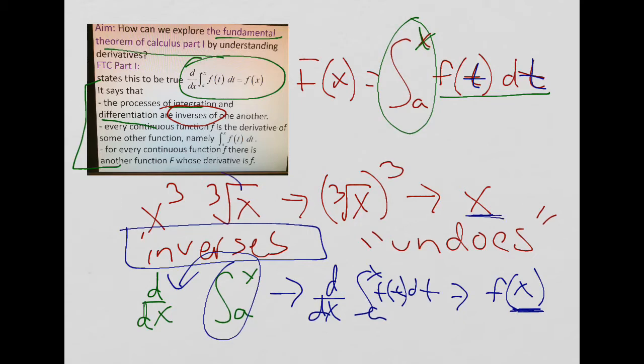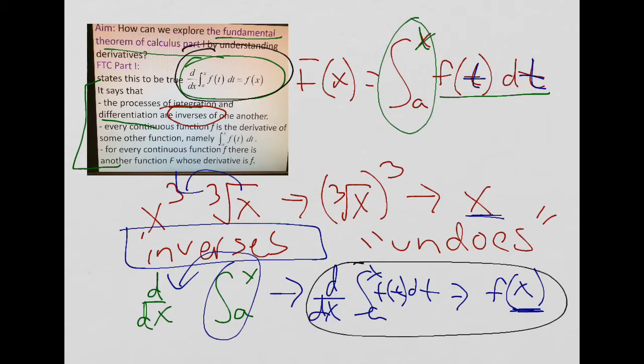Okay? One undoes the other, or vice versa. Okay? So that is why we're getting this right here. And this is the fundamental theorem of calculus part 1.